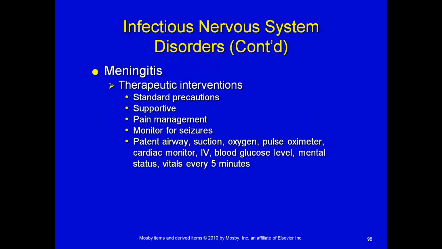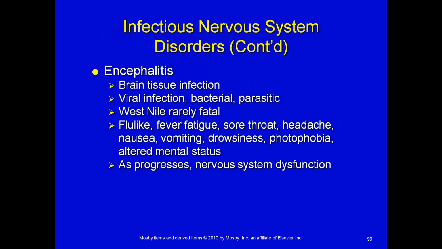Make sure that they maintain a patent airway. If they've got a lot of secretions and their mental status is altered, you may have to provide suction. You want to give them oxygen based on your pulse oximeter, hook up a cardiac monitor, start an IV. If their mental status is altered, certainly check their blood glucose. And repeat your vitals and mental status assessment every 5 minutes.